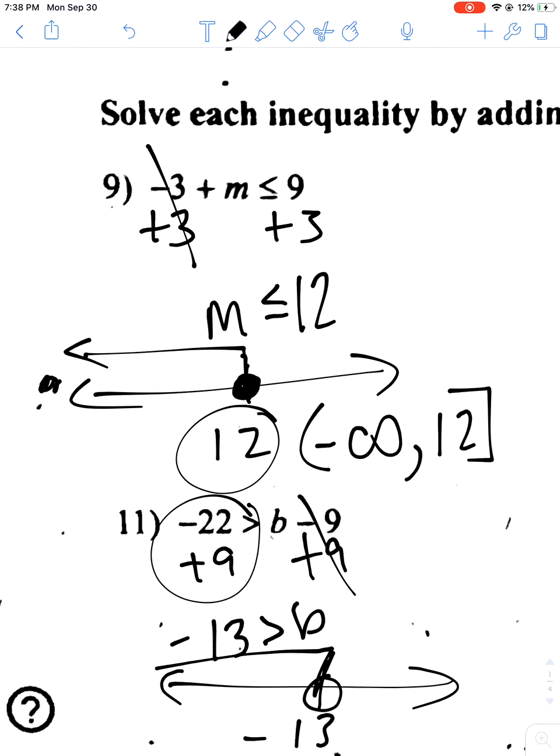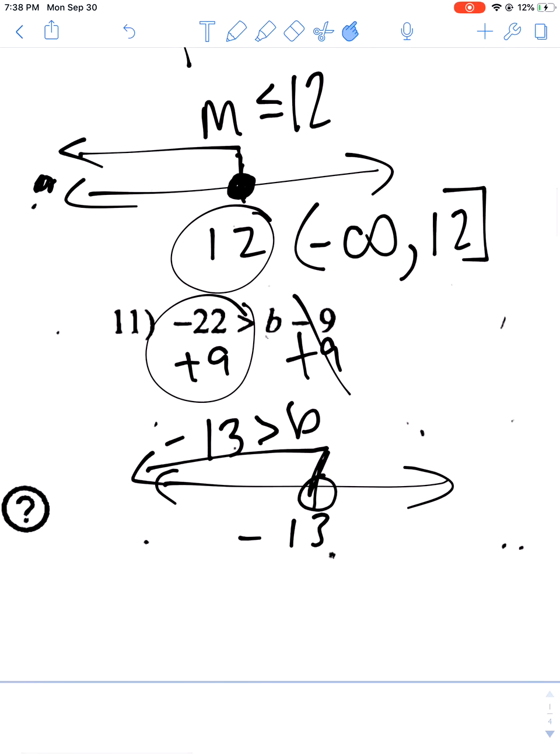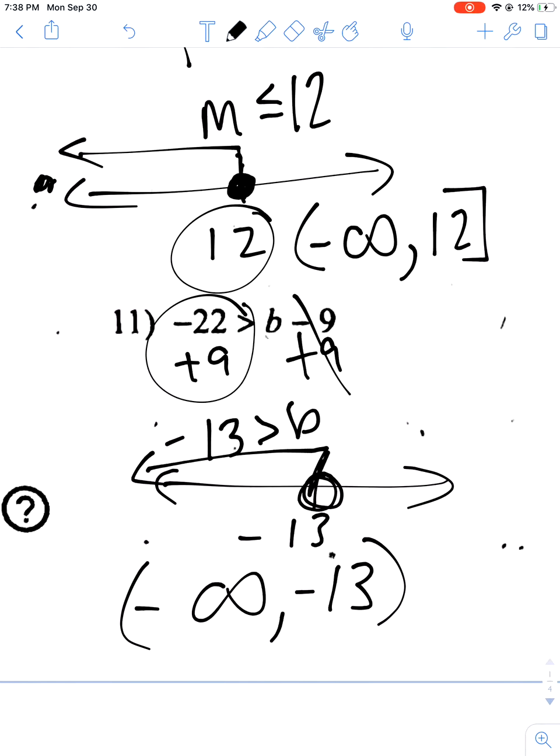So I've got to pick all the numbers that are bigger than b. Alright. Now, interval notation. When does it start working? Negative infinity. Always a parenthesis. When does it stop working? Negative 13. Parenthesis because it is open there.